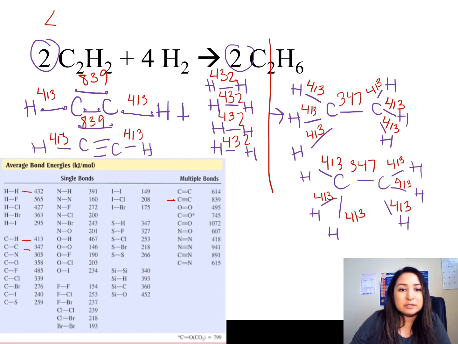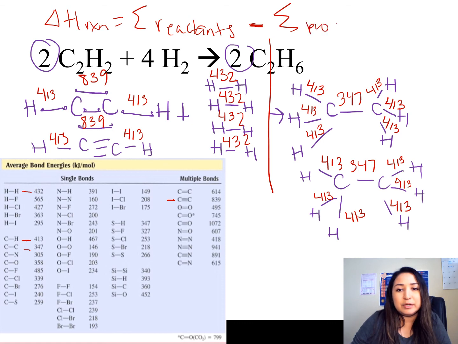Remember, our delta H of the reaction is the summation of the reactants minus the summation of our products. So remember, our reactants are on the left, our products are on the right. We're going to add all these numbers up. So we can already do 413 times 4 plus 839 plus 839, and then plus the 432 times 4.